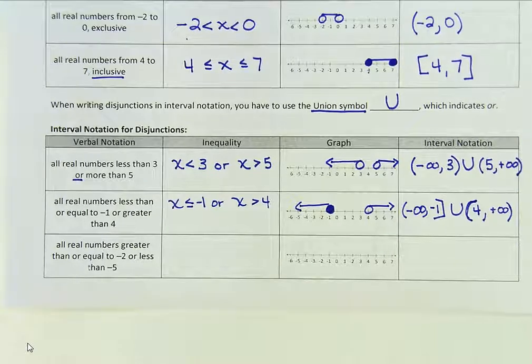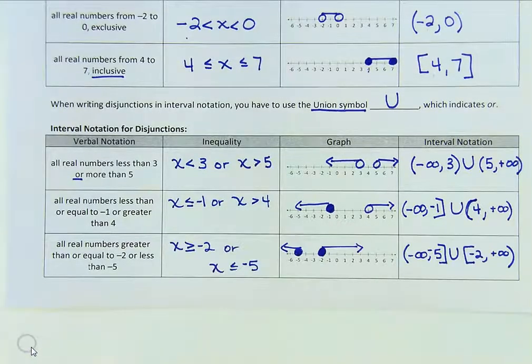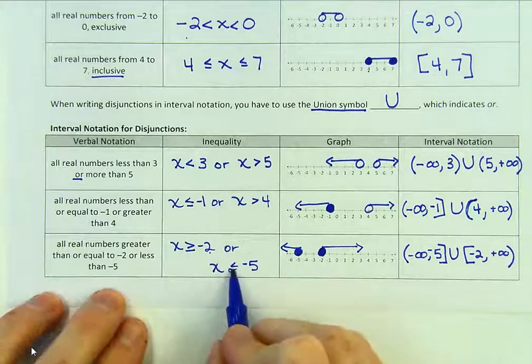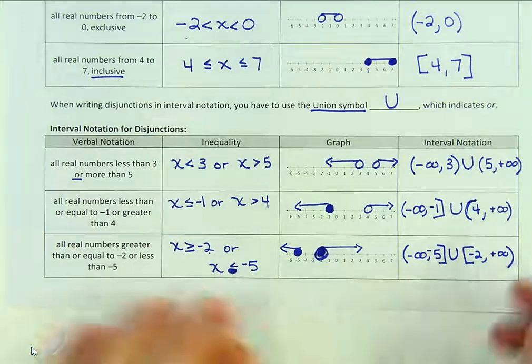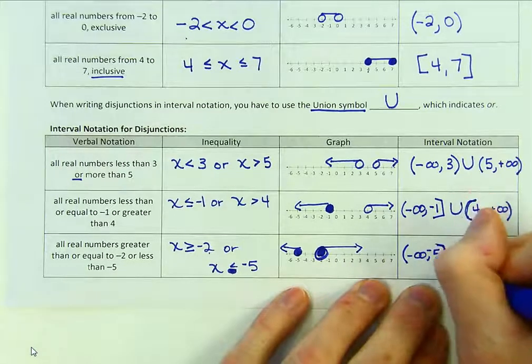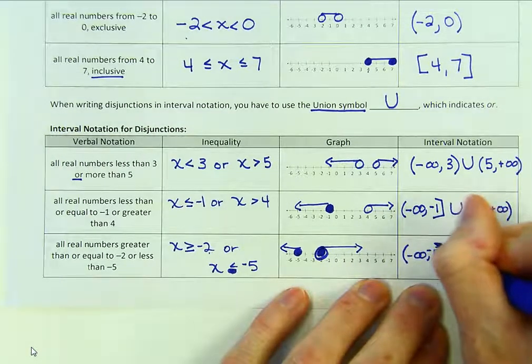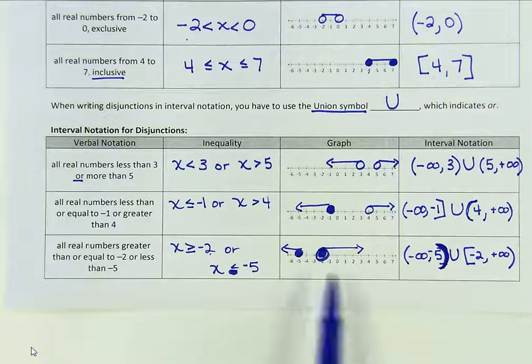Now, you pause the video and try the last one. Okay, so for the last one, did you get x is less than 5 or x is greater than or equal to negative 2? I just realized I made a mistake. This one's not going to be equal to. So this guy here is open, and this guy right here will be a parenthesis. So make sure that one's open.